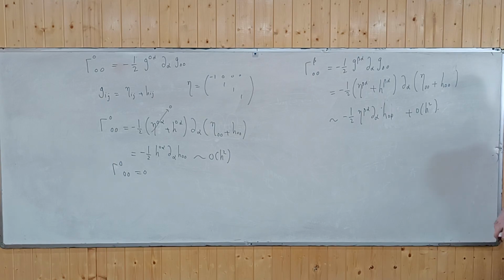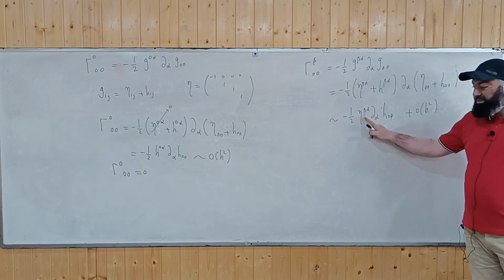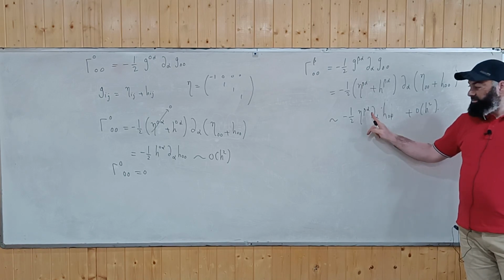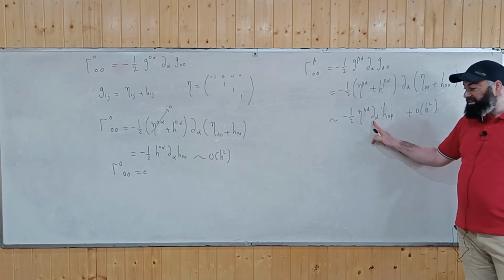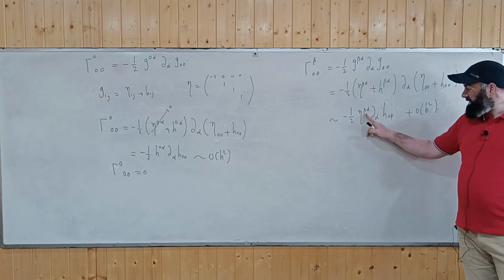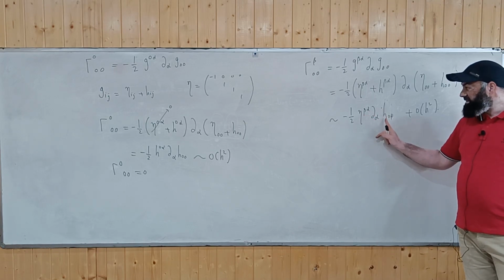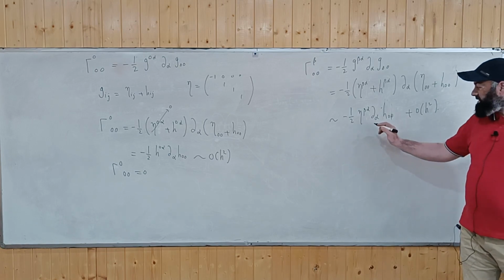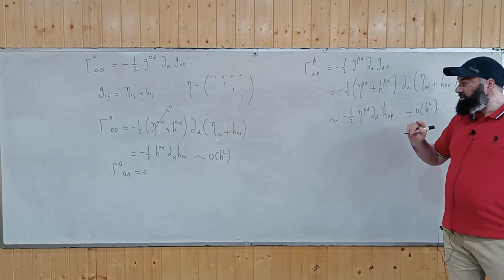Now tell me which is the term which will survive here when alpha and beta are the same. In other words, when alpha is equal to beta, it will be eta beta beta, so partial beta H00. Everybody got it? So that means there will be only the diagonal terms which will be surviving.